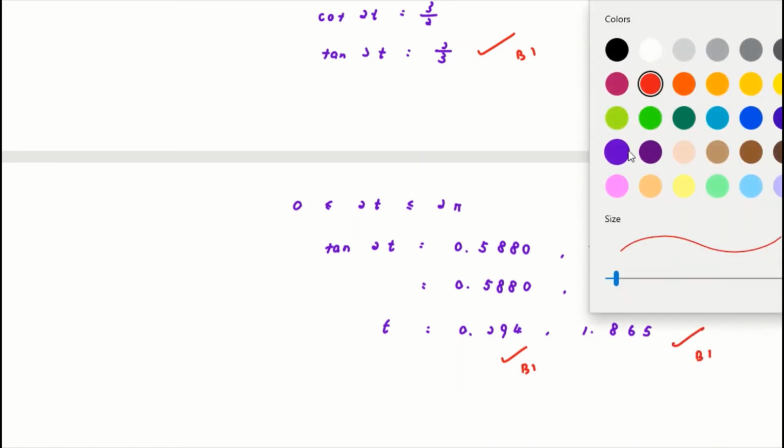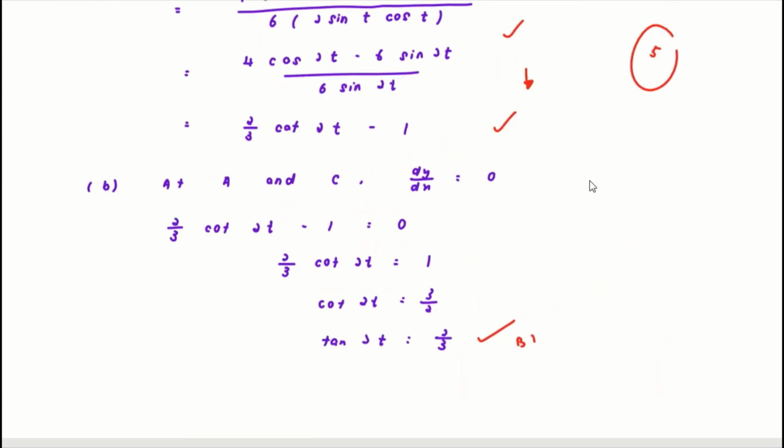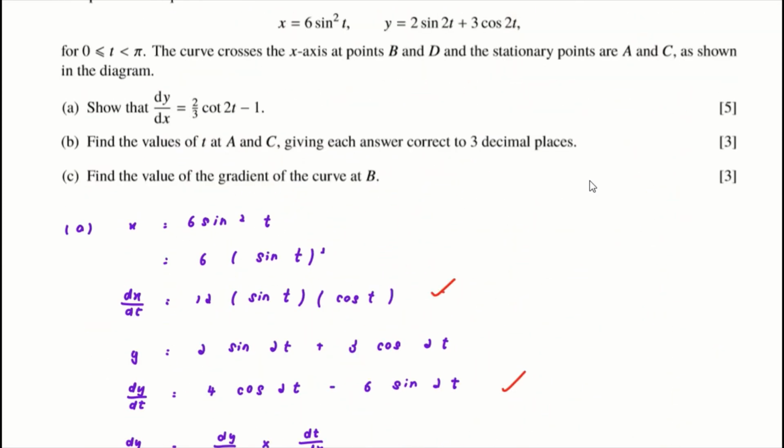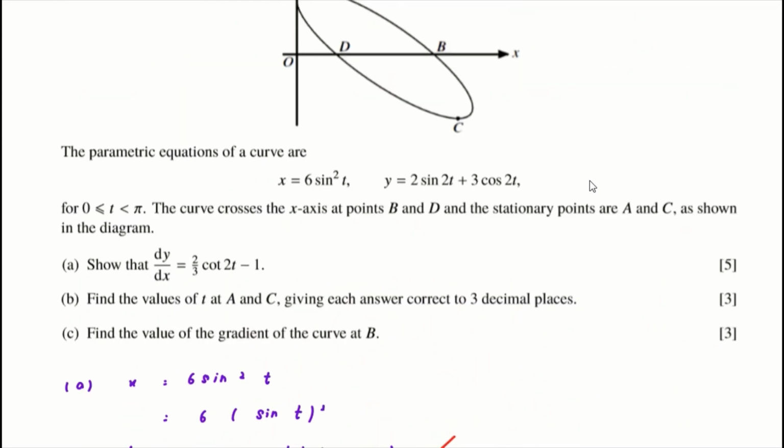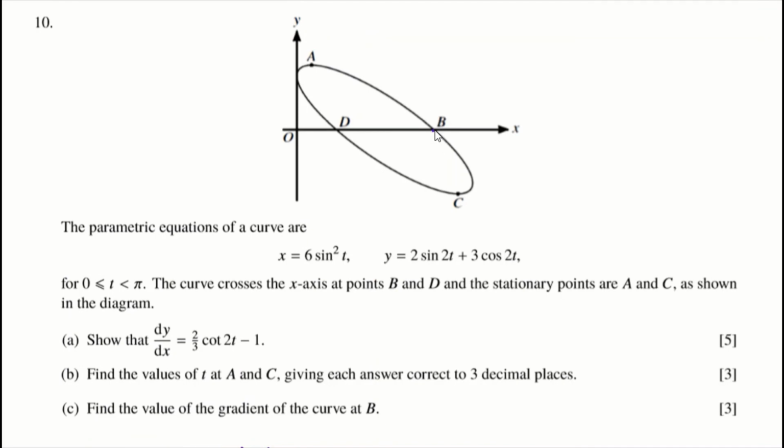Alright, so let's look at the next part, the last part of the question. Find the value of the gradient of the curve at B. So B is here. If we want to find the gradient, we need to find dy dx. To find dy dx, you need to find your t first, so that you can substitute your t into your dy dx function, then only you can get the value of dy dx, right?